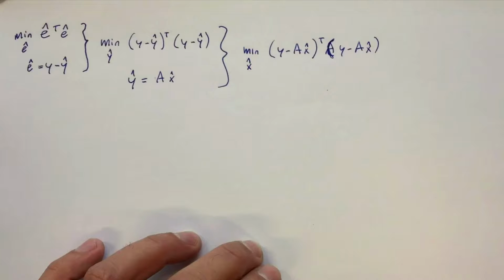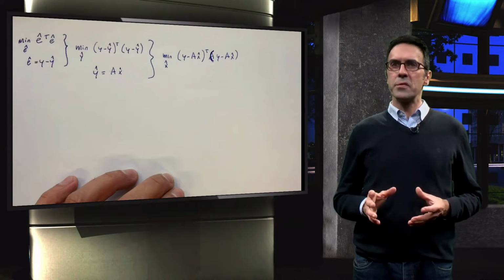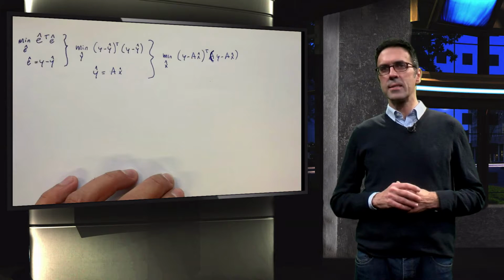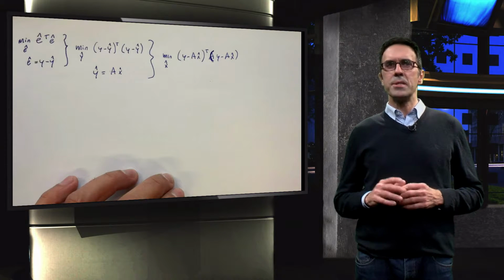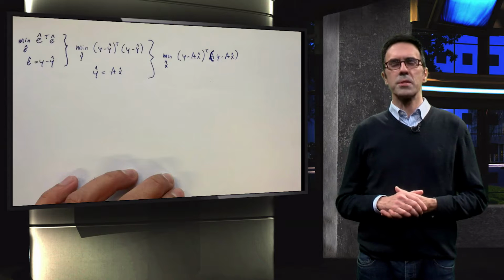So, the problem shifts from finding the value e hat to finding the value y hat that minimizes the sum of the squared residuals. Subsequently, y hat is a function of x hat, which follows from our standard y is Ax model. So the problem shifts from finding the value y hat to finding the value x hat that minimizes the sum of the squared residuals.